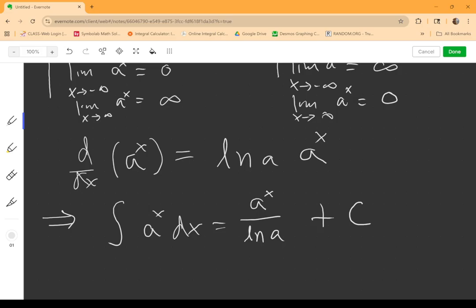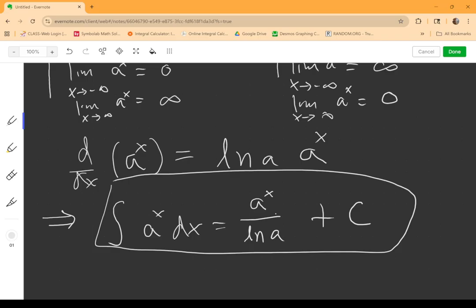And again, remember, the goal is that whenever you take the derivative of this a to the x over ln of a, you want it to be exactly as it is inside the integral. And that does happen, because the derivative of a to the x is ln of a times a to the x. The ln of a is reduced, and then we're left with a to the x.